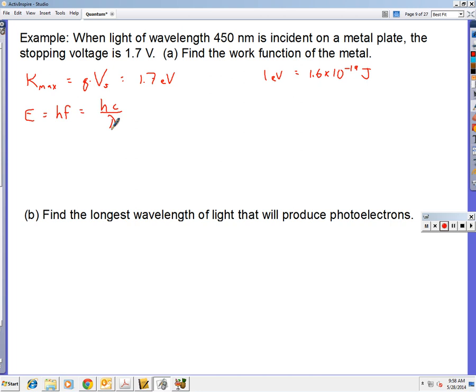So hc over lambda gives us the energy of one photon, and if you plug the numbers into your calculator, you find that it is 4.42 times 10 to the negative 19 joules, converting to electron volts, 2.76 eV.